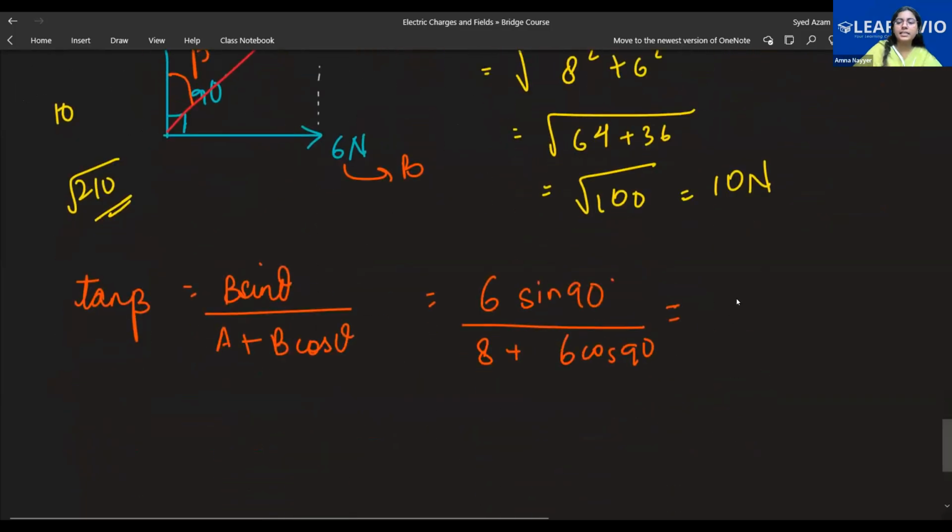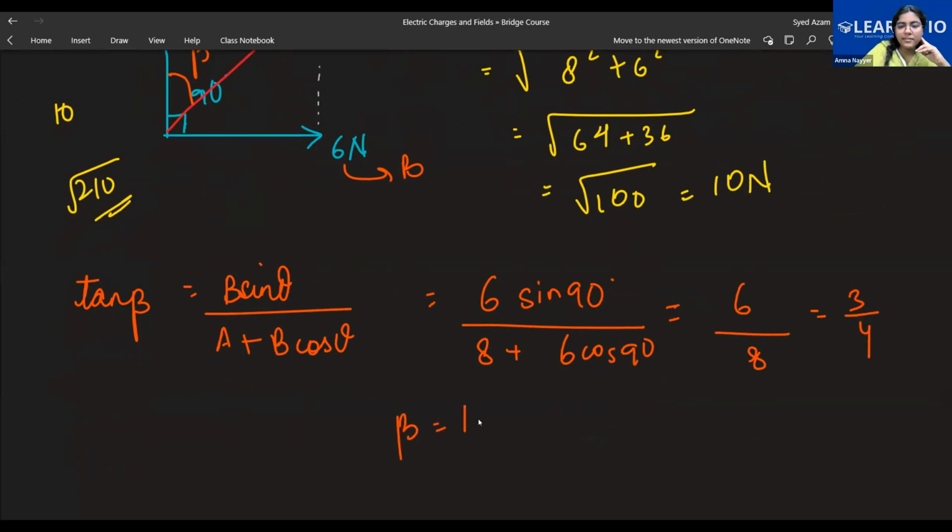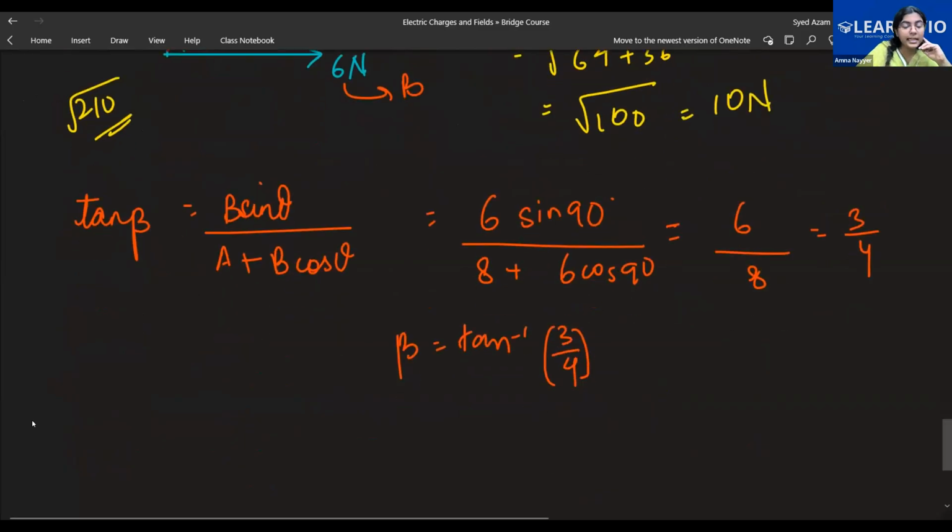So here, this will be 6, sine 90 is 1, by 8, this is 0. So we can reduce this further as 3 by 4. So beta will be tan inverse 3 by 4. So our complete answer, how do you have to write the complete answer?